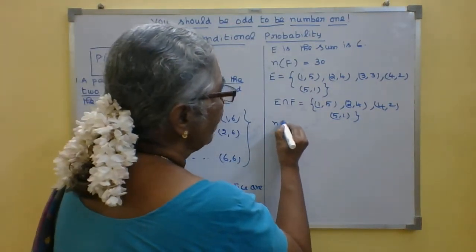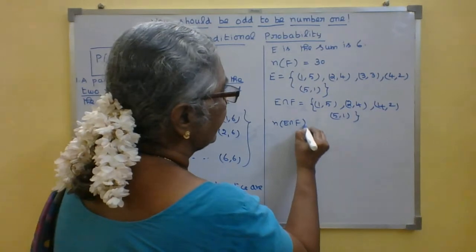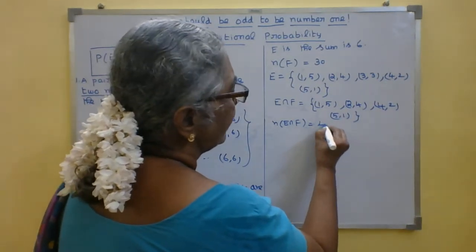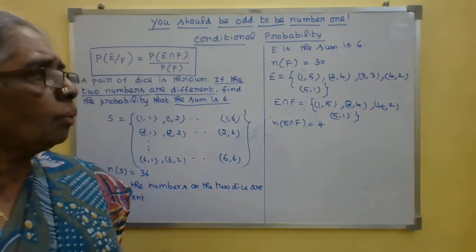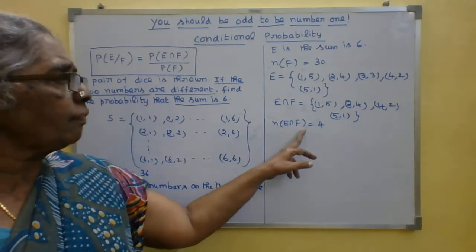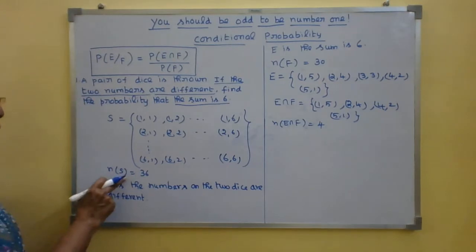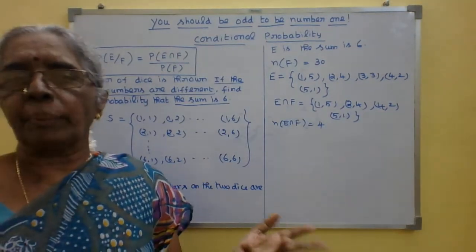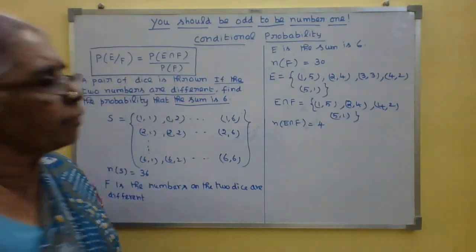Okay. So my n of E intersection F will be 4. So now I know what is my n of F. I know what is my n of E intersection F. I know what is n of S. That is enough for me. So now straight away I will come to the formula.